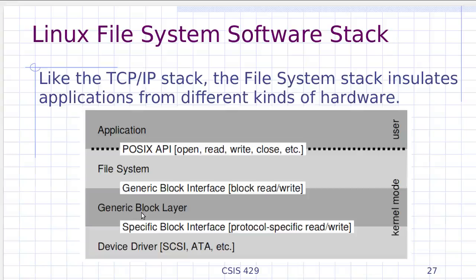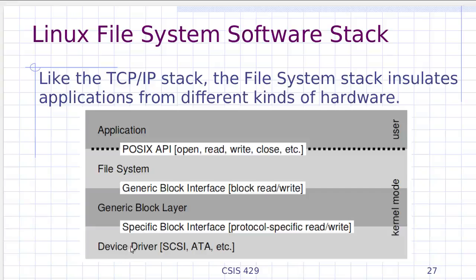So the general idea is that you use layers to simplify the design, so you can plug in a USB drive, and even though the actual geometry of the device, the way it's stored, is very different, you have these device drivers to isolate the overall system from all that gory detail.